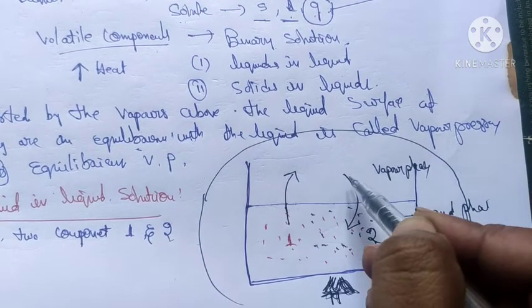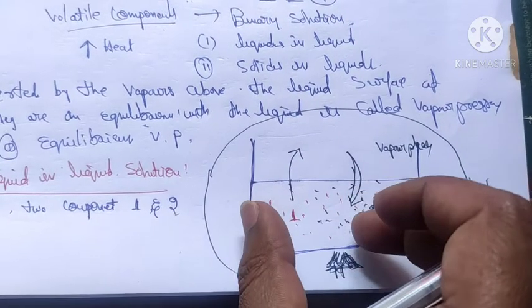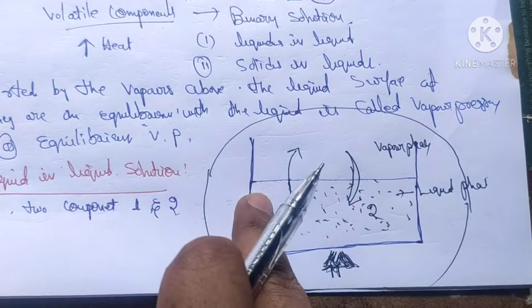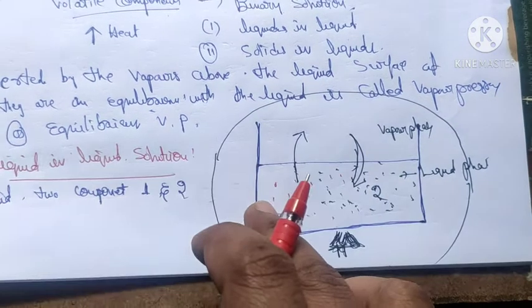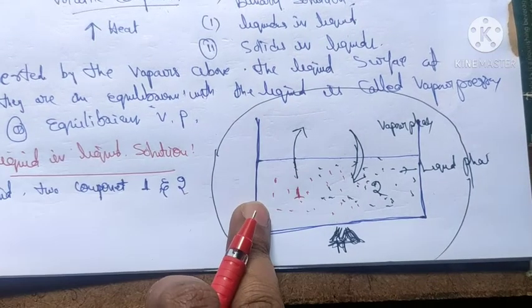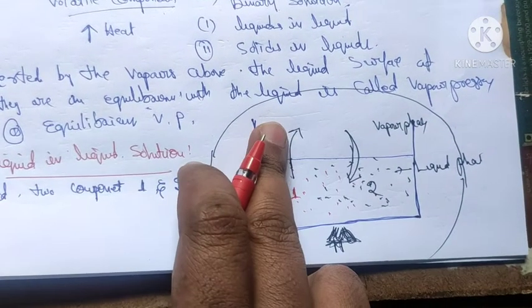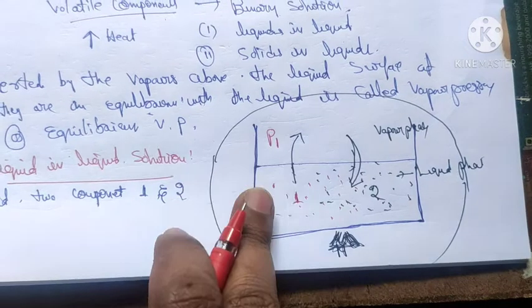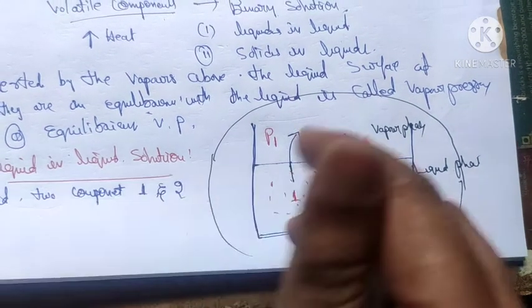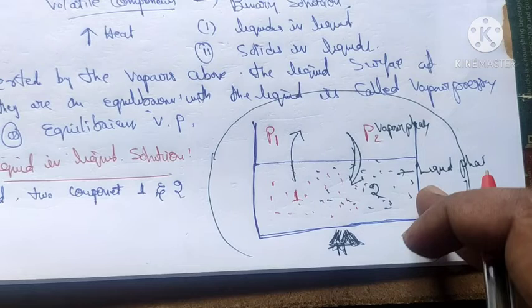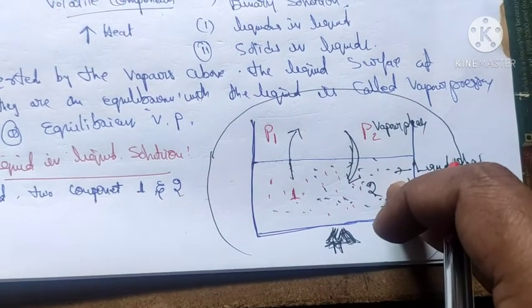This is how equilibrium is established between the vapor phase and the liquid phase. At this stage P1, called the partial vapor pressure of component 1, and the partial vapor pressure of component 2 are present.